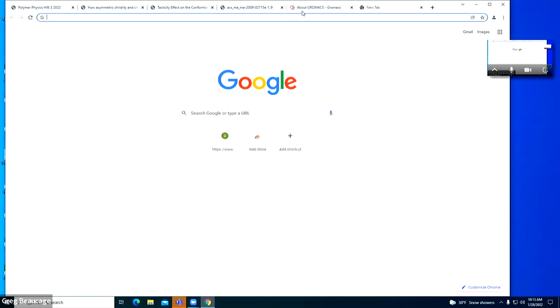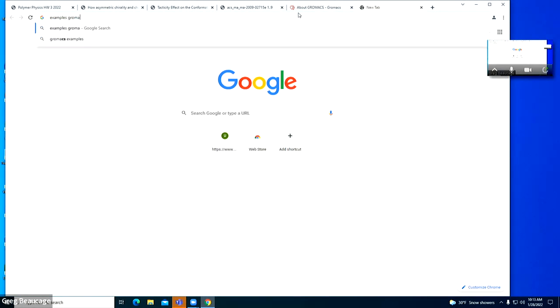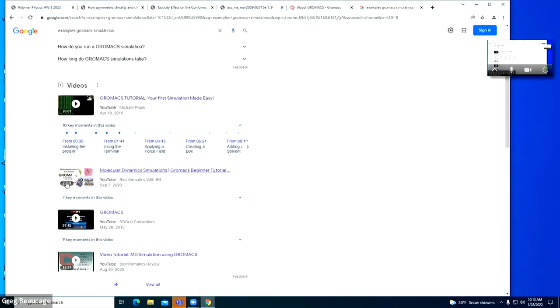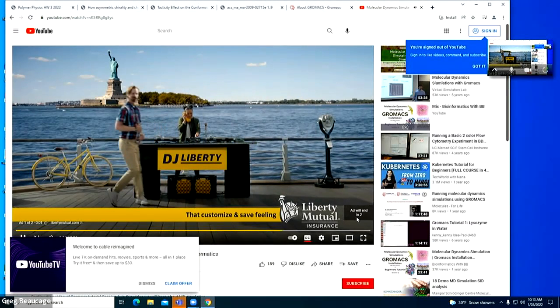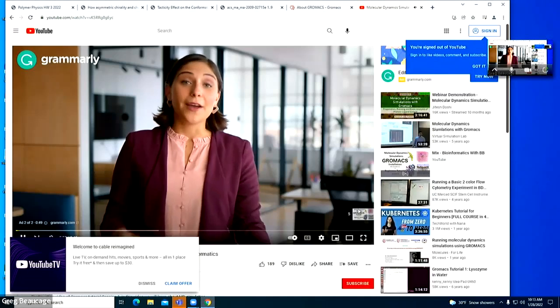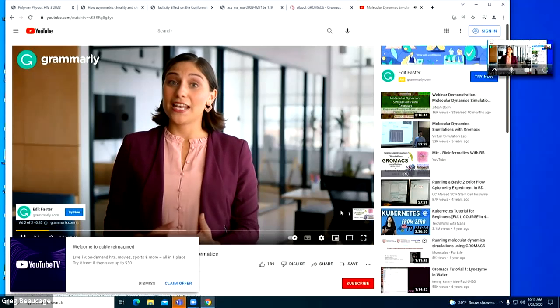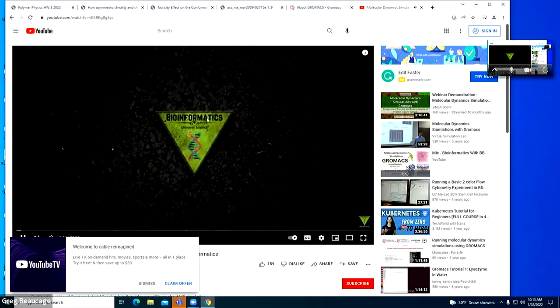I tried to find, if you do that somewhere in here, you'll see pictures like this, right? It's going to be pictures of these proteins.